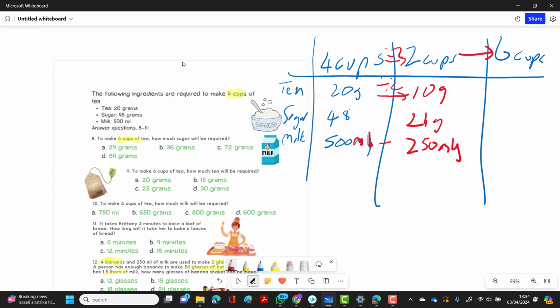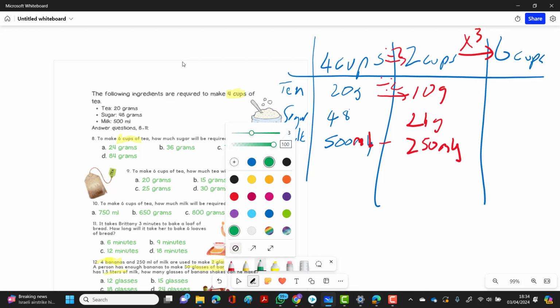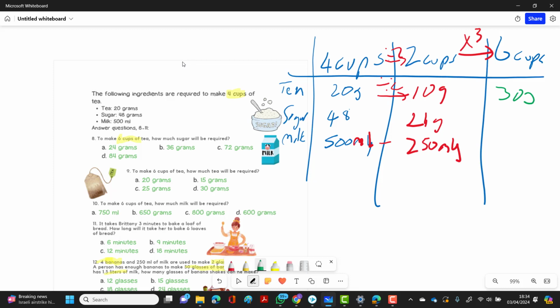And then to get to 6 cups, times by 3, so everything times by 3. So 30 grams, 24 times 3 is 72, and 250 times 3 is 750.